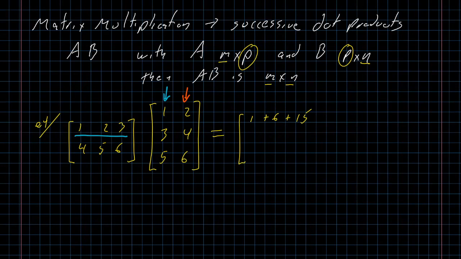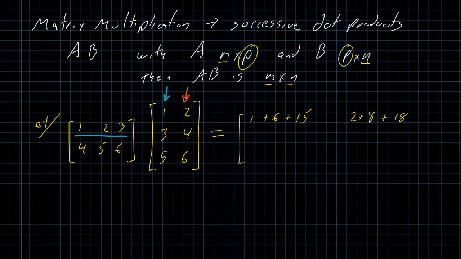Now take that first row and dot it with the second column, and that will be the entry in the first row, second column of the product. 1 times 2 is 2, 2 times 4 is 8, 3 times 6 is 18.